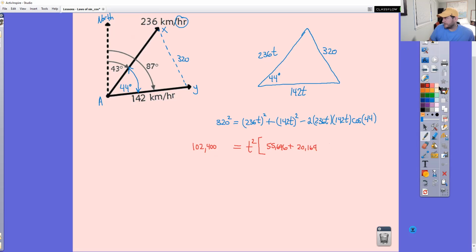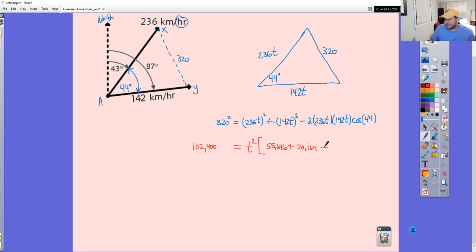I don't know why I'm doing this so slowly. We can just do all this in our calculator at the same time, right? But then we would get minus all this mess. So 2 times 236 times 142 times cosine 44.